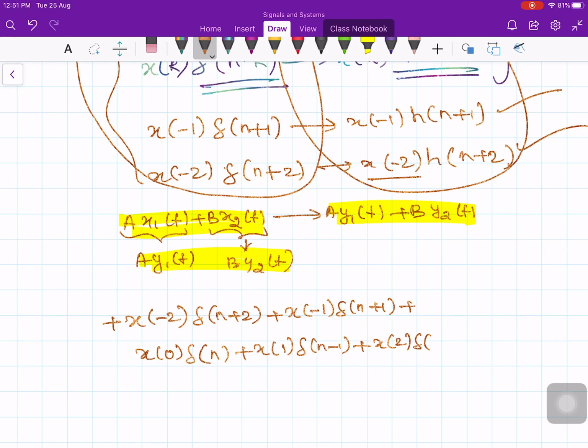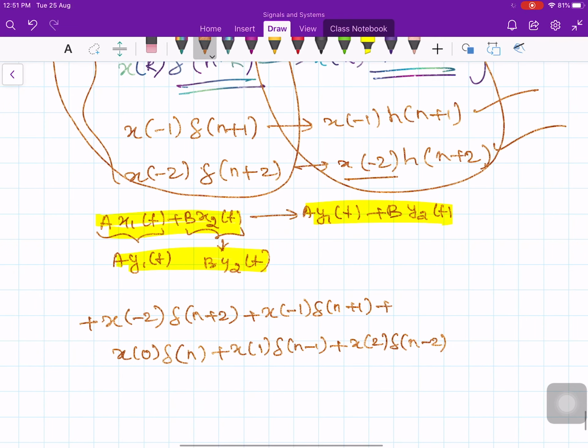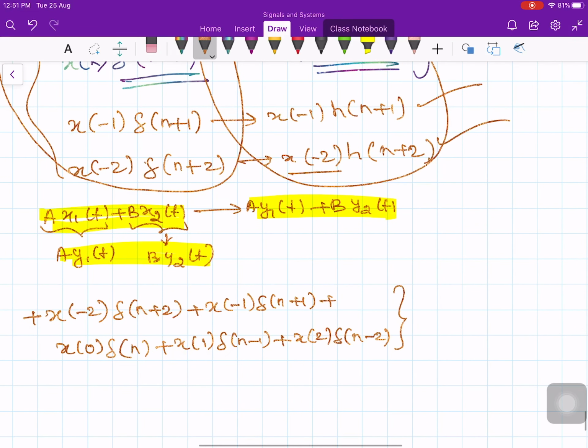This all together gives rise to, see, this term x of minus 2 times del of n plus 2 gives the response like x of minus 2 h of n plus 2, right?